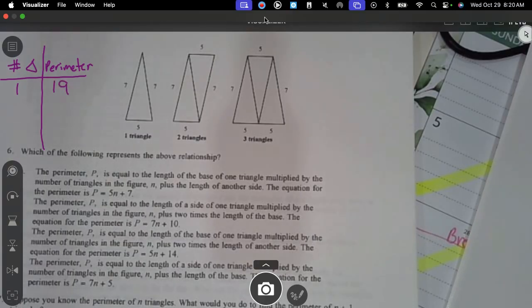What is the perimeter of 2 triangles? 7 plus 5 plus 7 plus 5. 24. And then 3 triangles is 29. What did we say we're doing every time? What are we doing between every number? Going up by 5. Adding 5 every time. That's where that 5n came from.